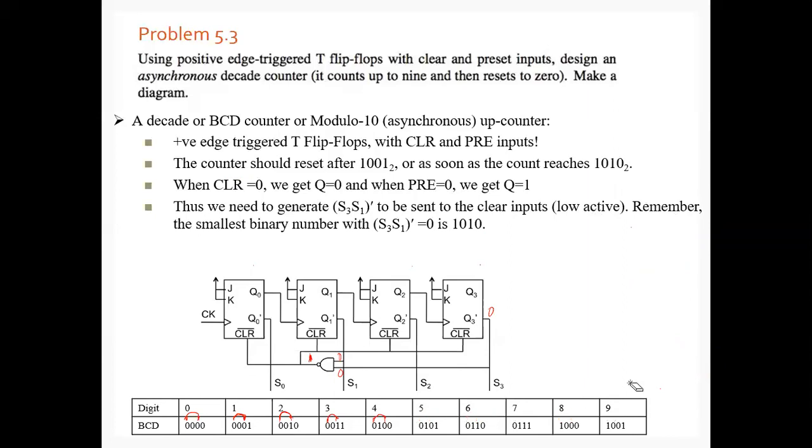So this is called pragmatic design. You remember we did one problem last time, number 14, to make the decade counter from the binary counter to a BCD counter, remember?